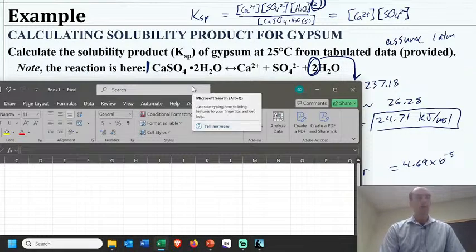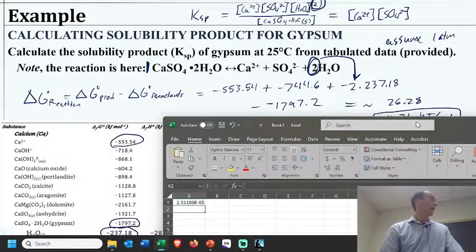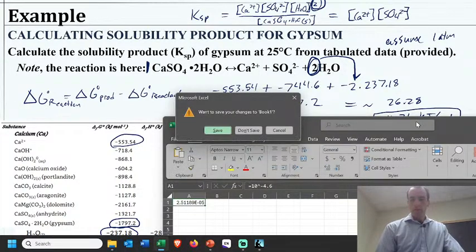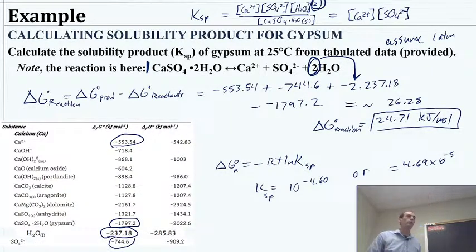So you can see if we used the value that I had from the book, that was 2.5 times 10 to the minus 5th. So a little different, but certainly same order of magnitude.